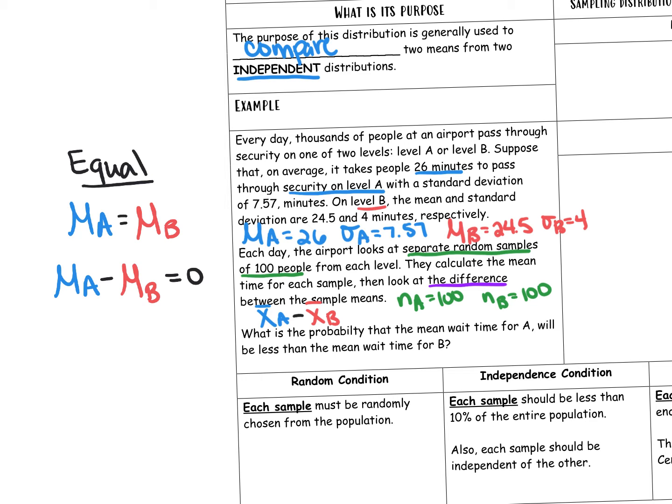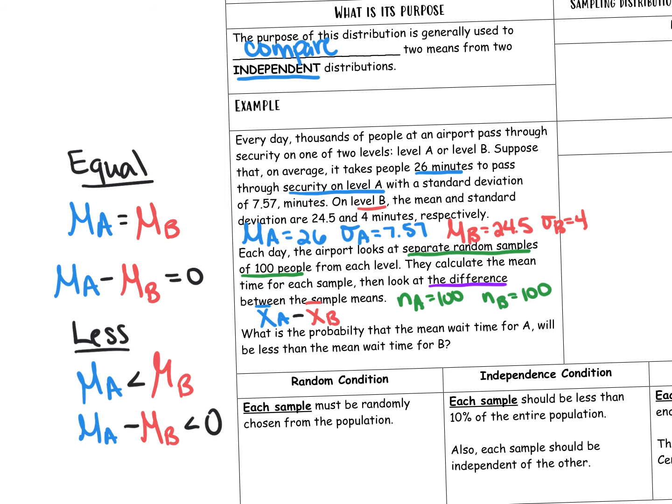If it's not equal, then it can be less than. Looking at A again, mu of A is less than mu of B. If we look at the difference, mu of A minus mu of B, when mu of A is less than mu of B you're going to get negative values, less than 0.